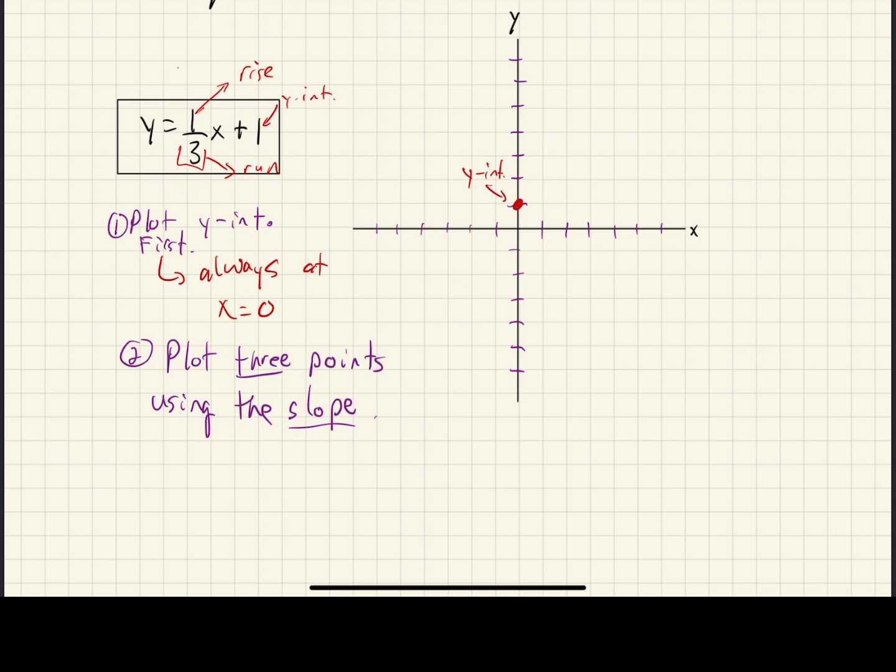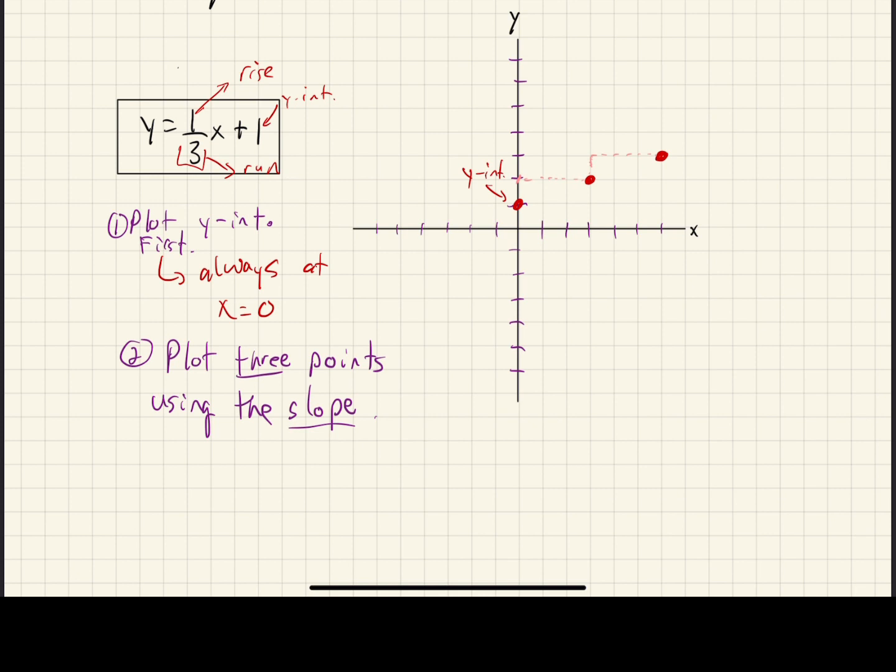Okay, the next thing we're going to do is from the y-intercept, we're going to plot 3 points using the slope. So I'm going to start at the y-intercept, and I'm going to go up by 1 over here, and then over by 3. And that's where I'm going to plot this point here. And then I'm going to do the same thing for the other one, up by 1, over by 3.